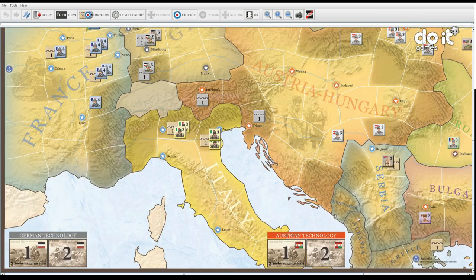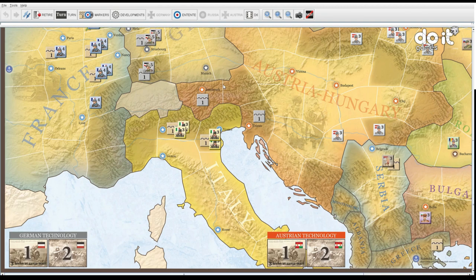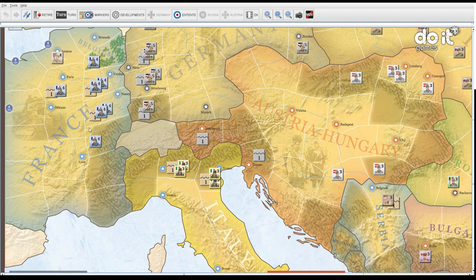Another example, Serbia is one country belonging to the France and UK power and also belonging to the Triple Entente coalition. Another example, if Italy joins the war, you see the symbols here are the same as France UK. When Italy joins the war, Italy is a country. Italy will belong to the French and UK power and also to the Triple Entente coalition.